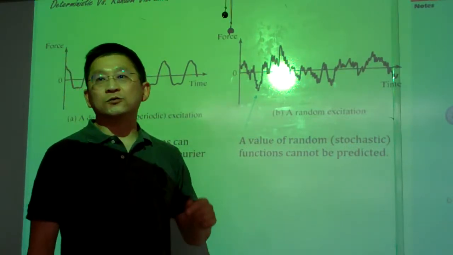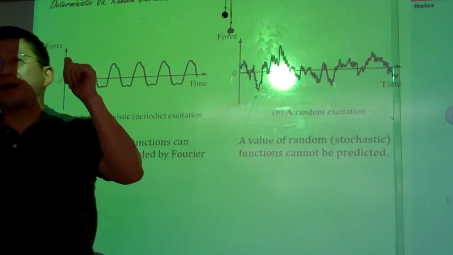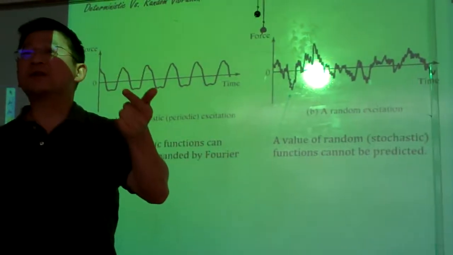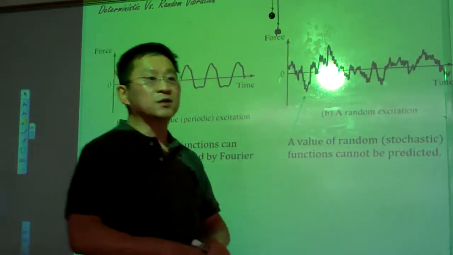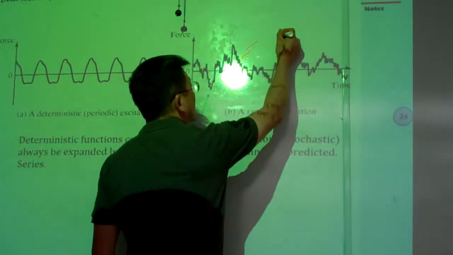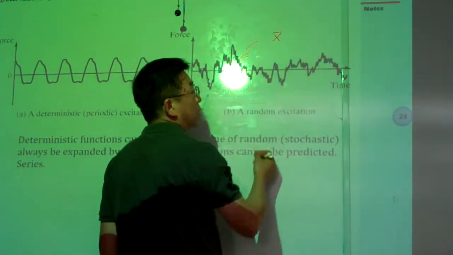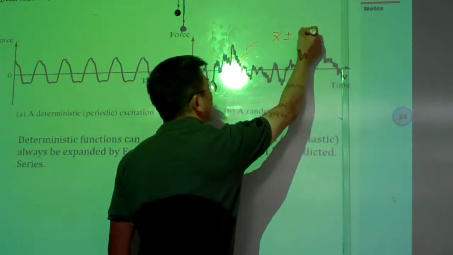So this function includes two terms: one is the average, one is 3 sigma, where sigma is the standard deviation. Usually such a function is described as, say, x(t), the average, plus or minus 3 sigma.